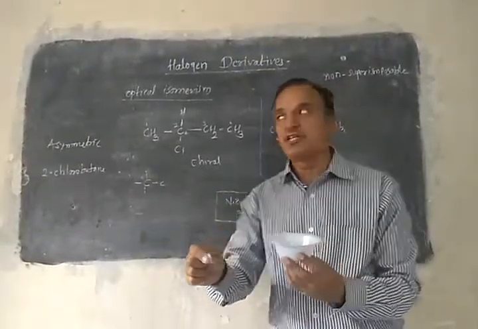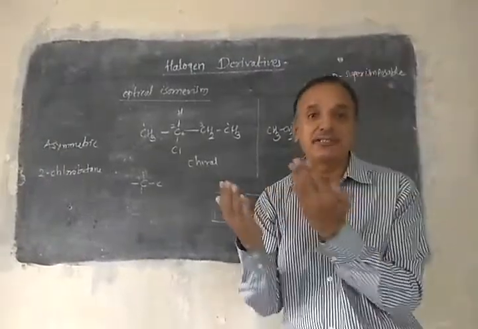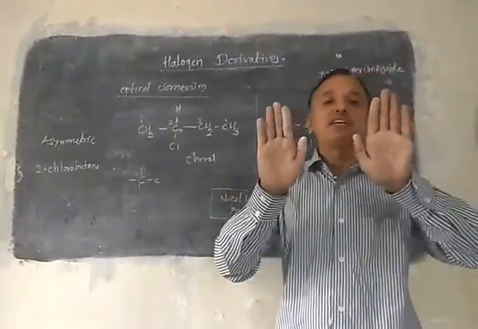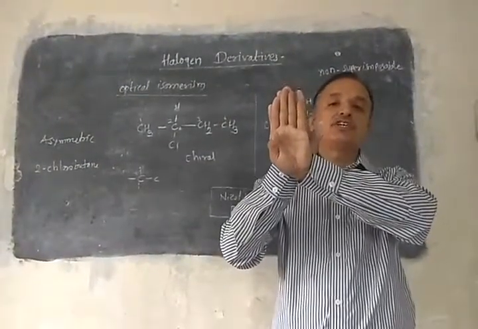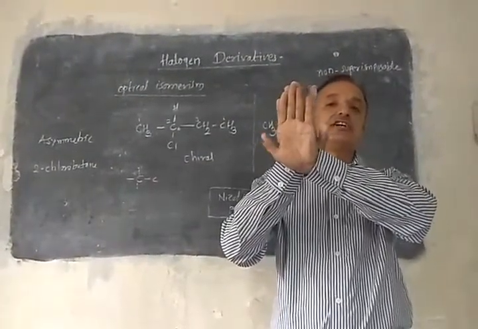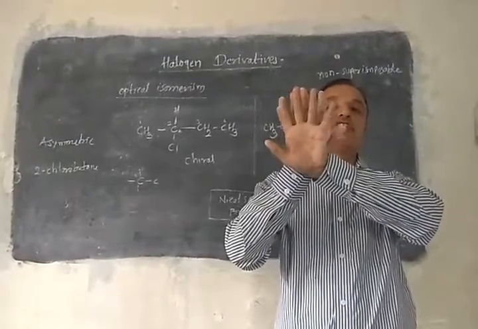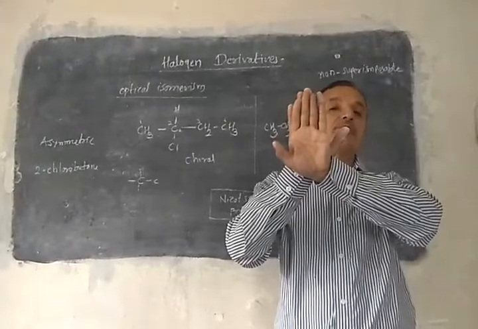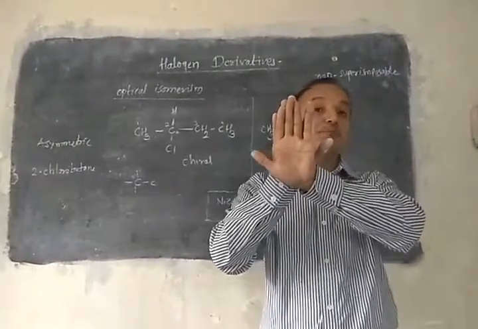Non-superimposable images cannot fit one above the other. So with these two palms, if you try to keep one above the other, they do not fit. The thumbs are not one above the other, and even the fingers are in different ways. So these are non-superimposable images.